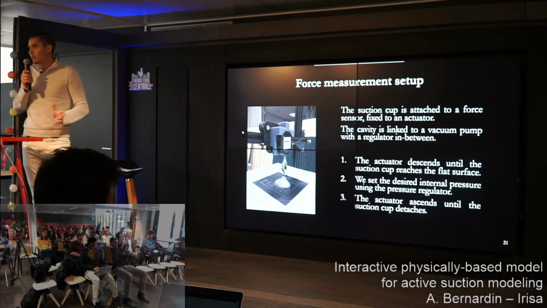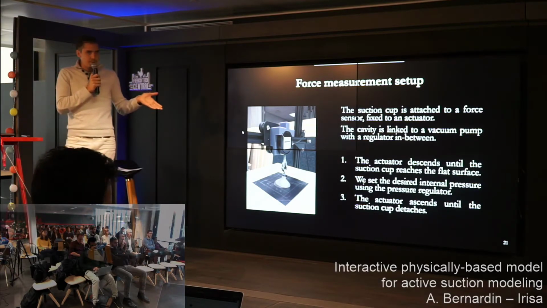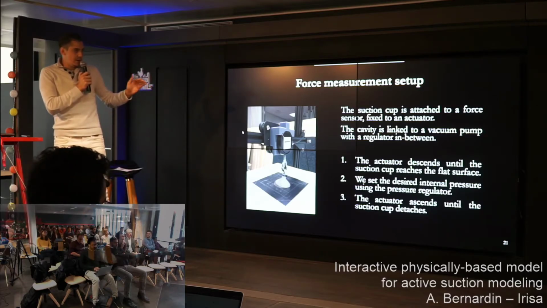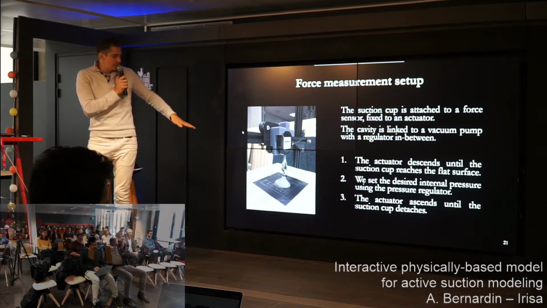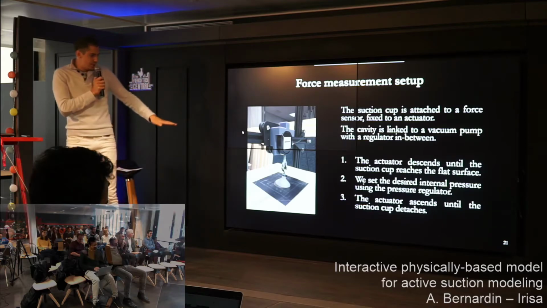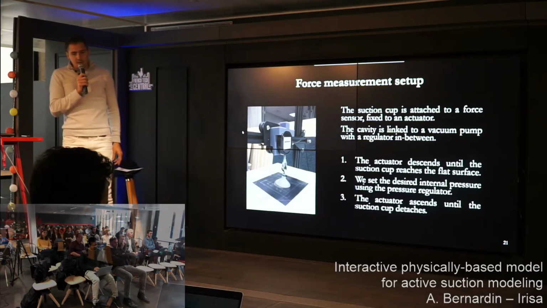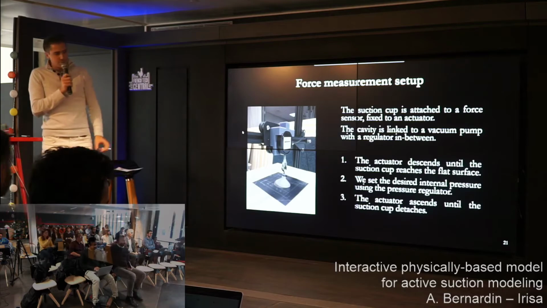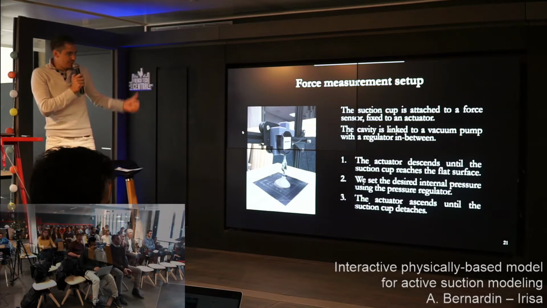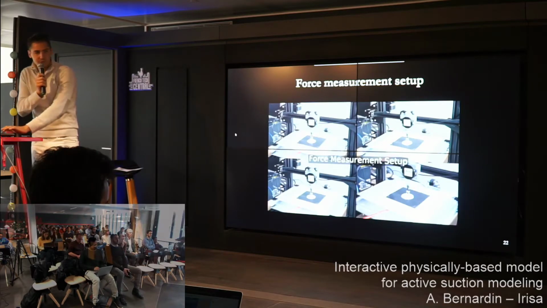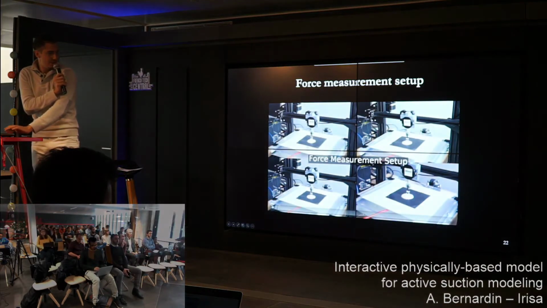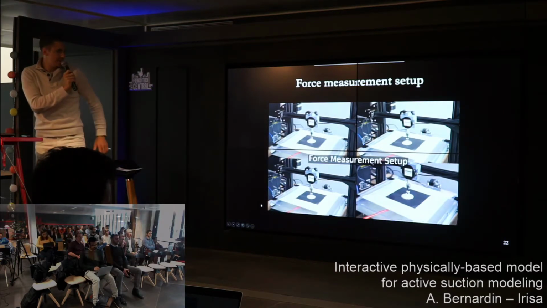For each of these experiments, the process is split in 3 steps. The actuator goes down. Once the suction cup touches the plate surface, we manually set the desired pressure, and then we move up the actuator until the suction cup detaches. We do this for 4 different pressure values, and here is a video to illustrate that.